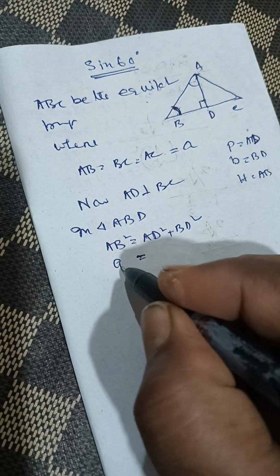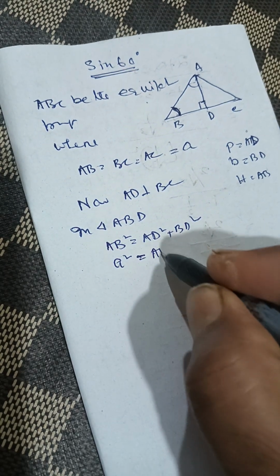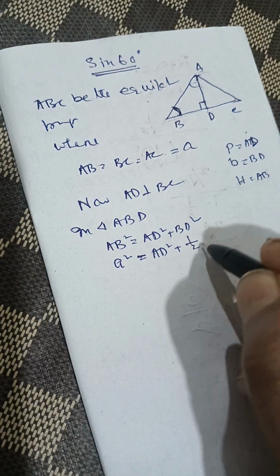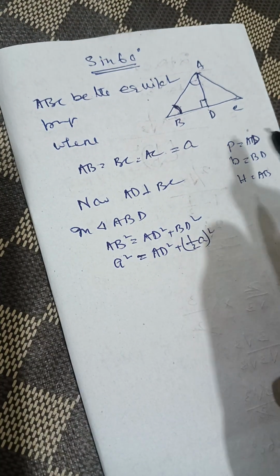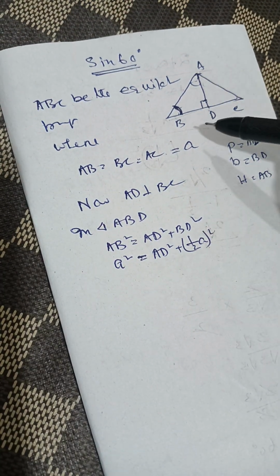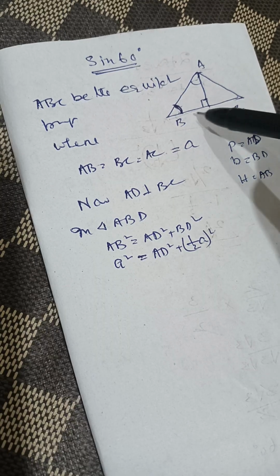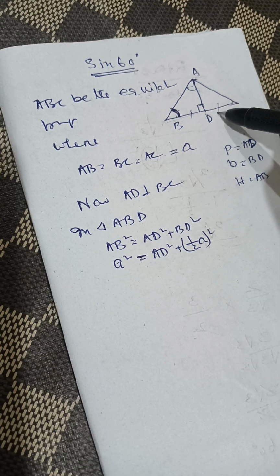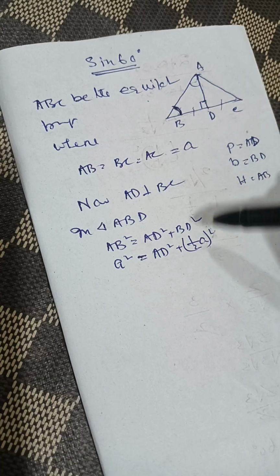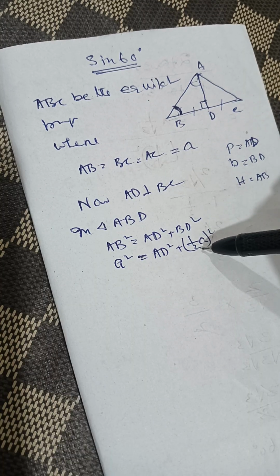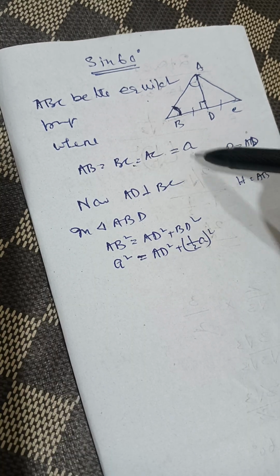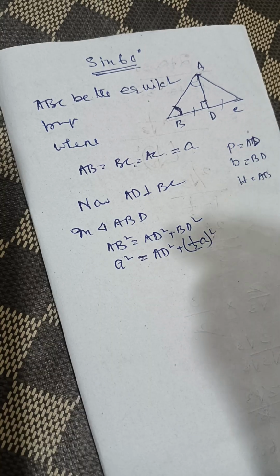AB we know is A square. BD is half of A, because after drawing the perpendicular from A to BC, BC is divided into two parts. BD and DC are equal, so BD is half of BC. BC we know is A. That's why I have written half of A whole square.